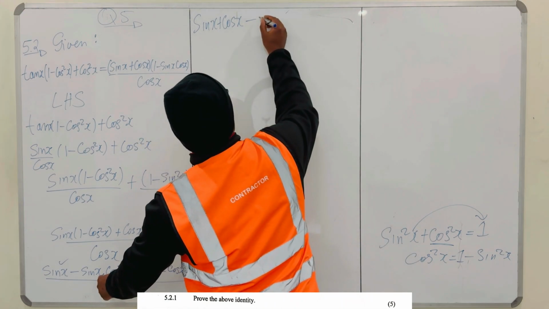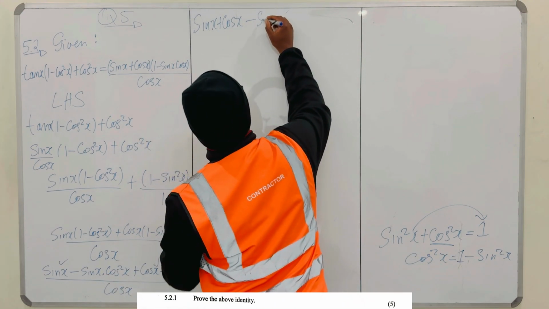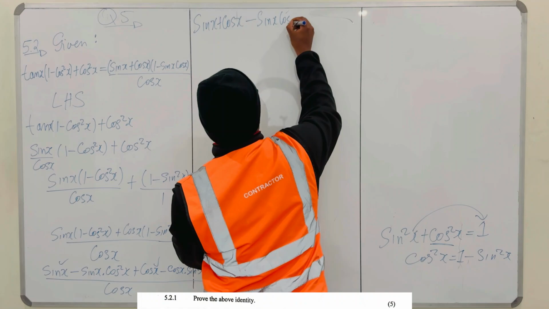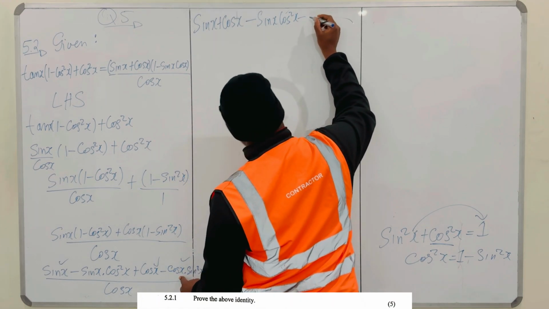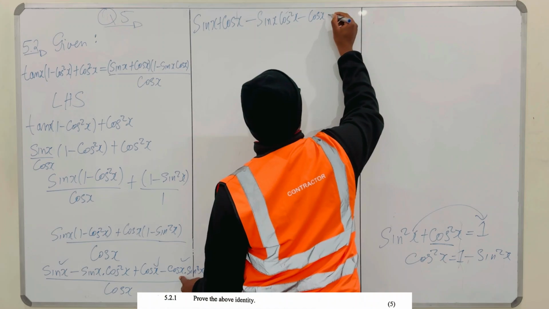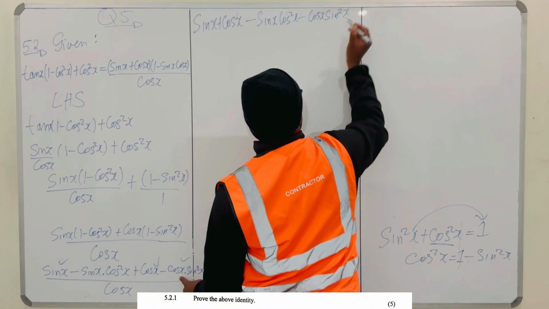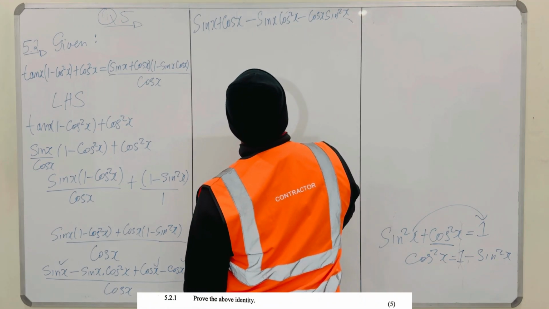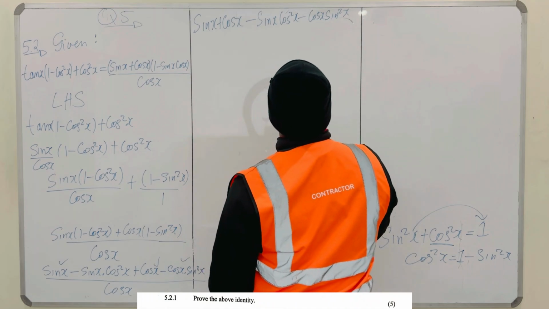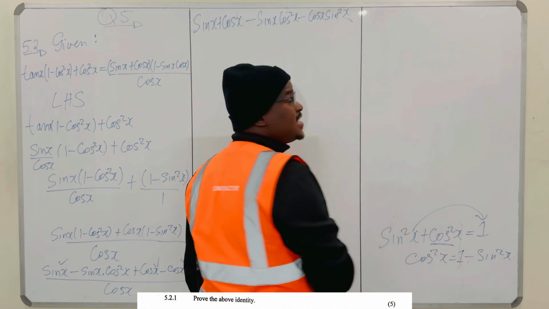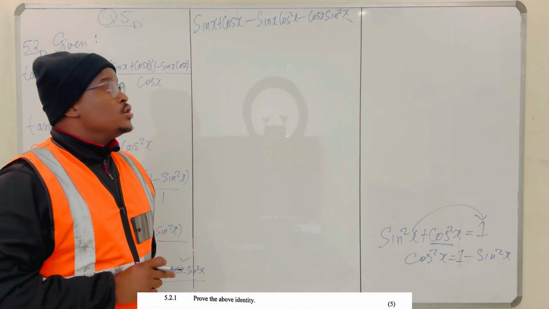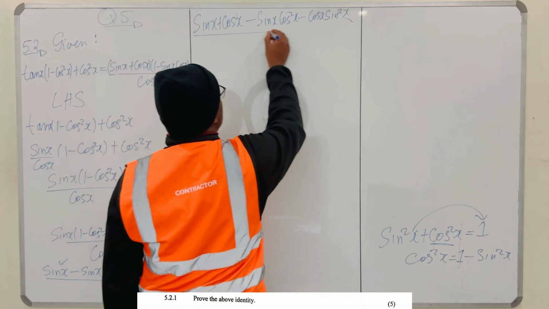Minus this, which is minus sine x cos squared x minus cos x sine squared x, right? No problem. So what do we do? Let's take sine x cos x as a common factor out here. So this is all over cos x, of course, sorry.